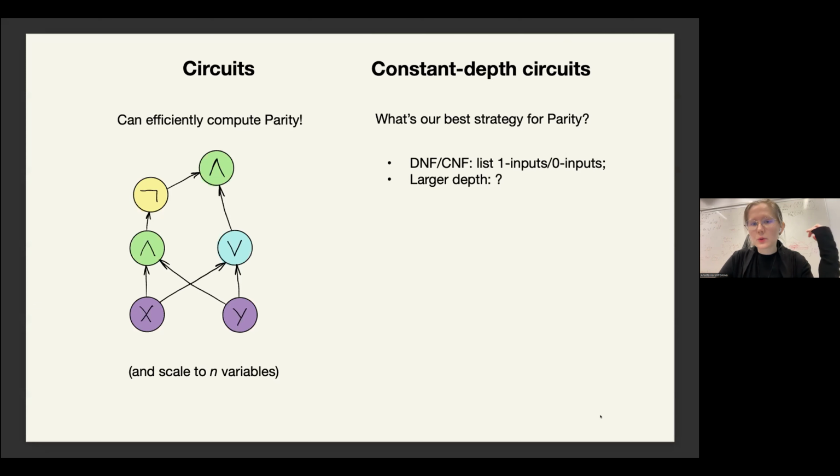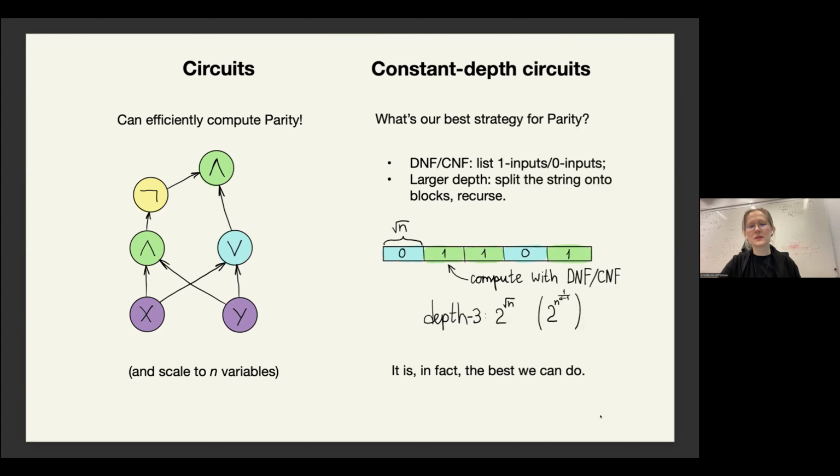So now that we know how to do depth-2, what can we do for larger depth? Let me just tell you right away. For larger depth, starting from depth-3, we can use the recursive strategy. We split our inputs into blocks of size root n, and there are root n of them.